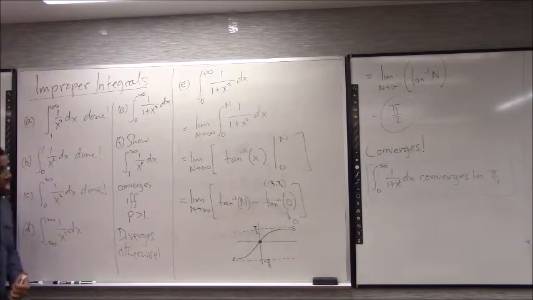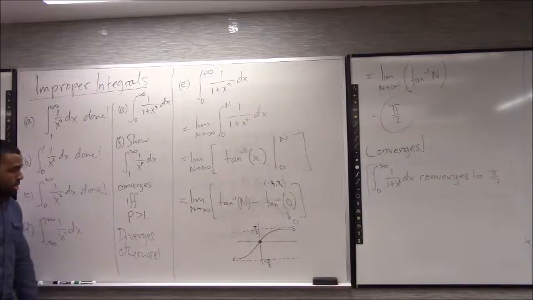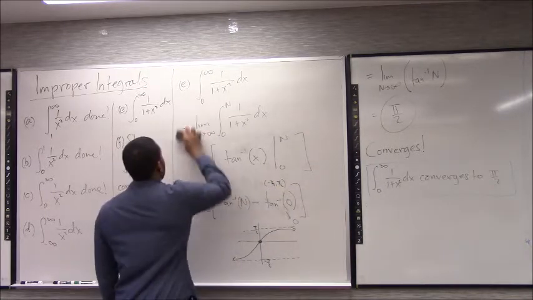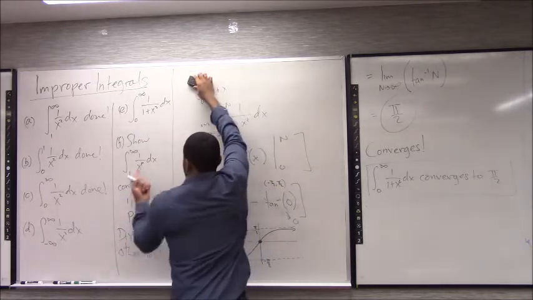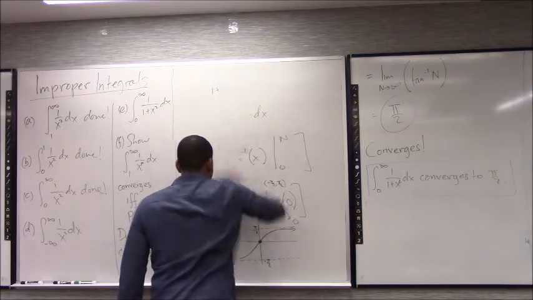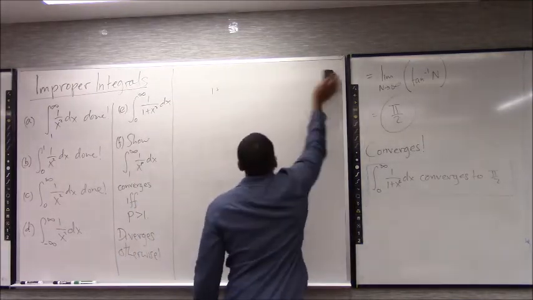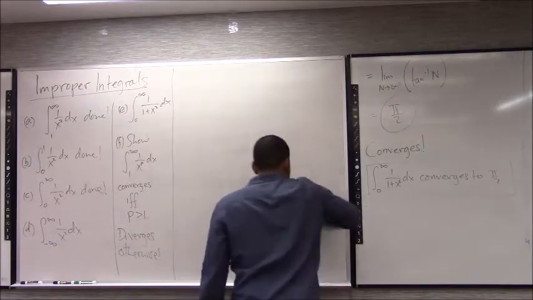Talk about something in general. We'll use this again when we get to series and we're talking about something called the integral test. But for now, I'm just assuming that p is some number, and we're going to prove that this kind of function only converges if your p is strictly greater than 1.